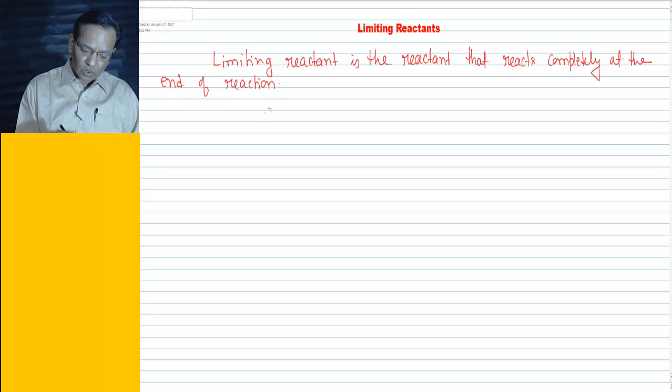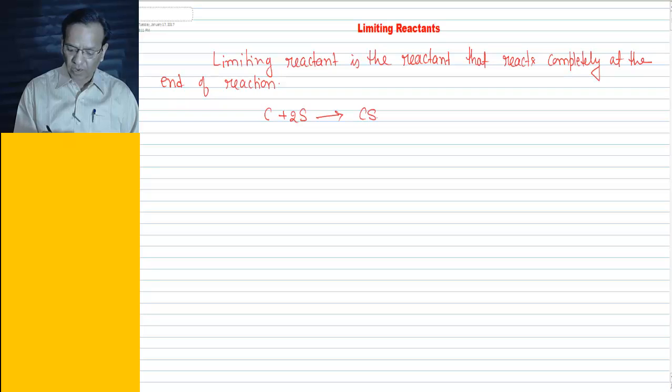Suppose we heat carbon with sulfur, they combine to form carbon disulfide.